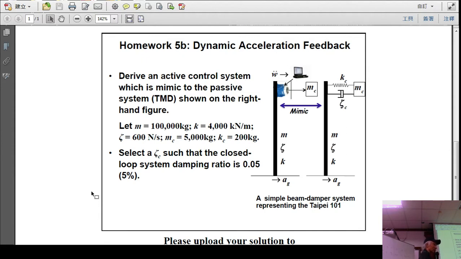So when you have an earthquake, then you have accelerations of the ground, in either direction. You go this direction or that direction; I say that direction is positive, the other direction is negative. So AG is just your ground acceleration due to the earthquake. Just like the earthquake yesterday, right? The earthquake will shake the 101.